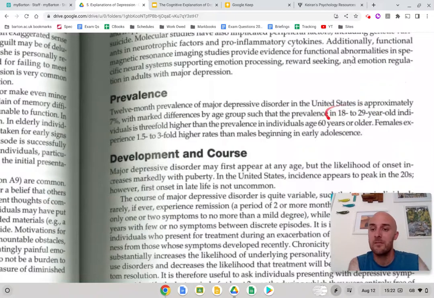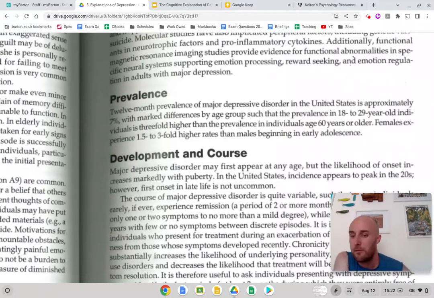So the ages of 18 to 29 is 3-fold higher than 60 or above. So basically, until you're about 30 years old, you are 3 times more likely to suffer depression than anyone above 60. 7% does seem quite low when you talk about depression hitting 20% of people, but that's 7% of people in a year having depression.